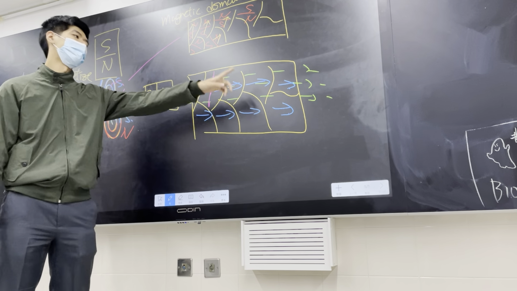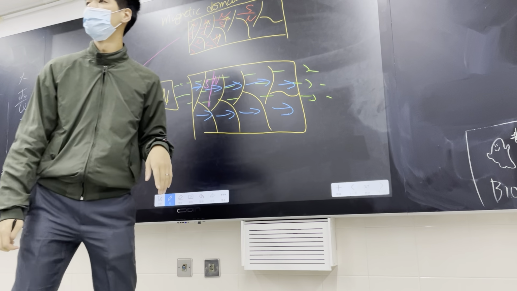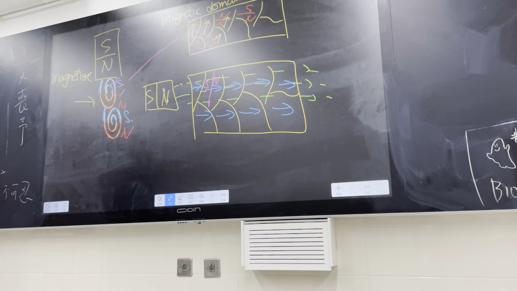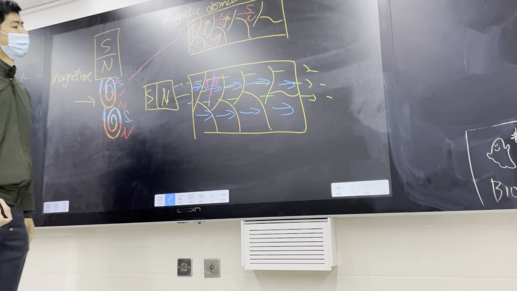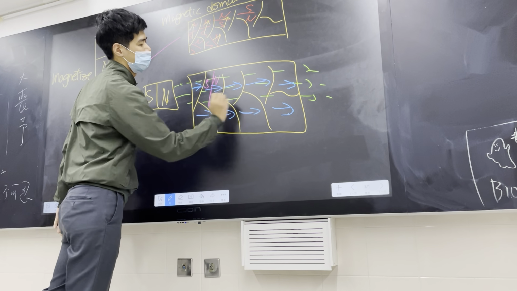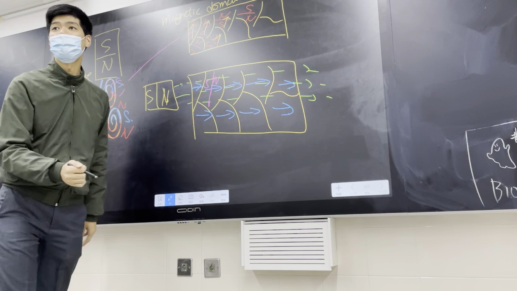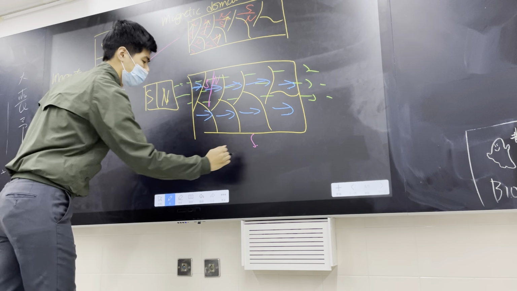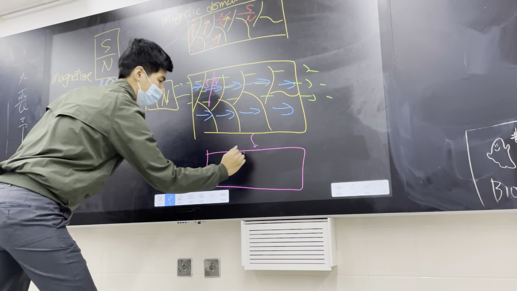So those small magnets are now affected by the external magnetic field. They align perfectly, so we can treat this as a large magnet.